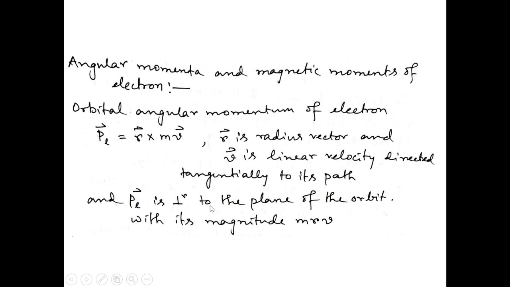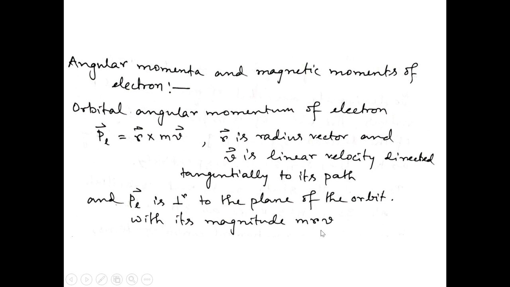The orbital angular momentum of the electron, if we write it as P, and since it is orbital, designated by P_L with the vector sign, then we know it is r cross mv, where r is the radius vector and v is the linear velocity, which is directed tangentially to its path. The direction of the P_L vector is perpendicular to the plane of the orbit, and the magnitude of that orbital angular momentum is mvr or mrv.